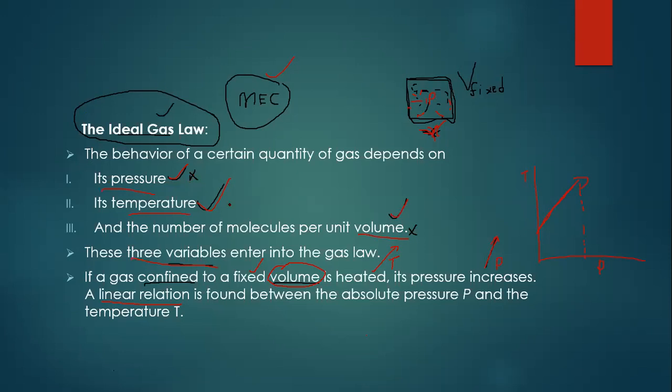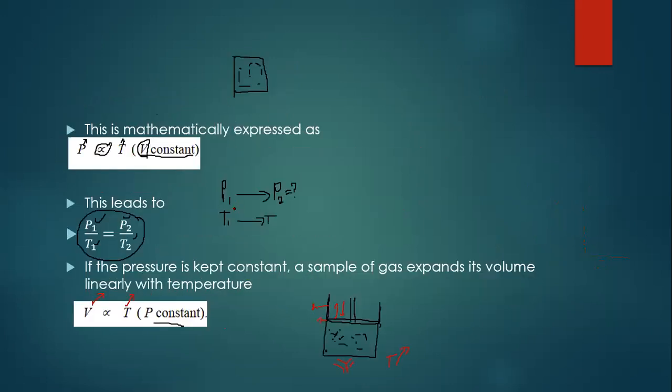Even with temperature, we can do the same. We can also remove temperature out of the equation by maintaining the same temperature and just see how we can change the pressure.